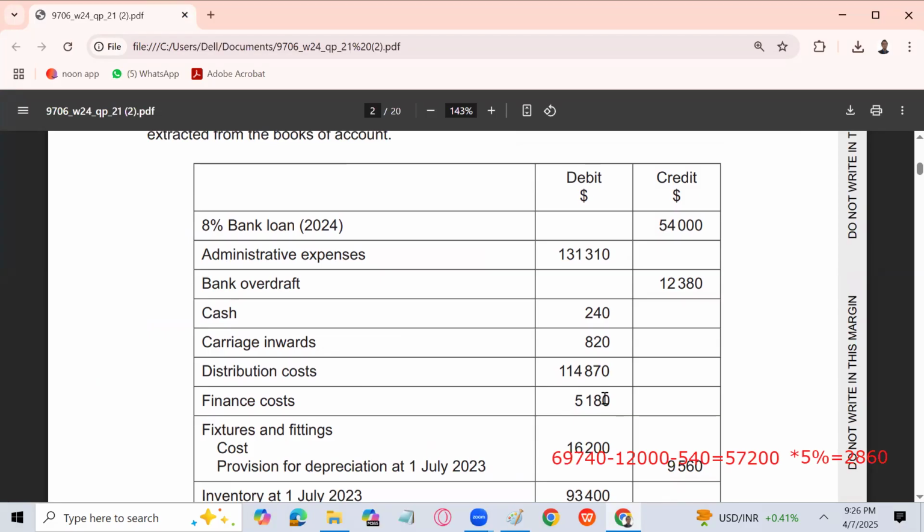So it means there is some other finance cost also which we don't know actually. Maybe because of the bank overdraft, or some other reason, there is a finance cost. Now this 8% bank loan, we are making the payment, and the interest is supposed to be paid along with this, and that is going to be into 3/12. That is 1080. Let's see.